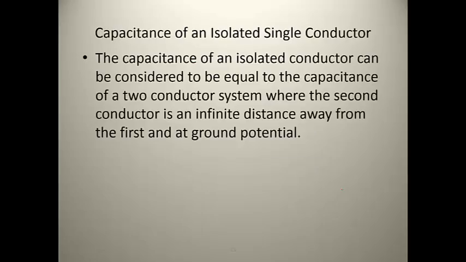Well, let's consider the capacitance of an isolated, single conductor. And what is that? It's the capacitance that can be considered to be equal to the capacitance of a two-conductor system where the second conductor is at an infinite distance away from the first and at ground potential.